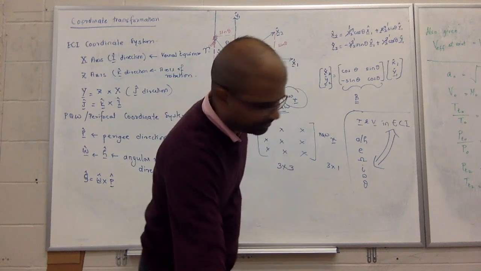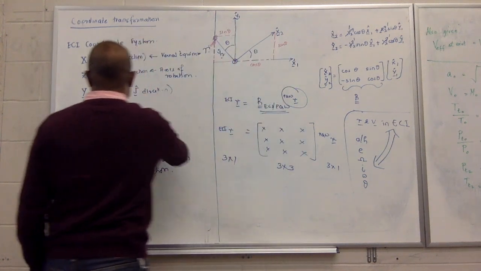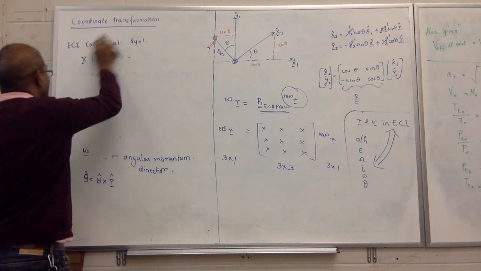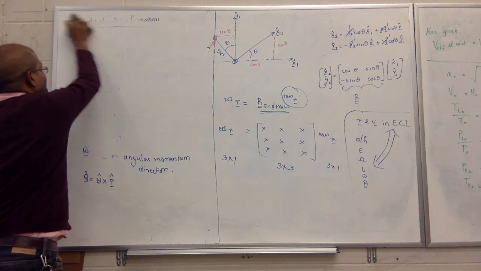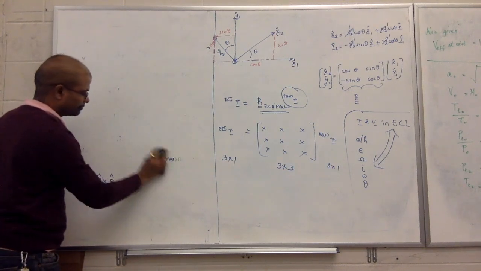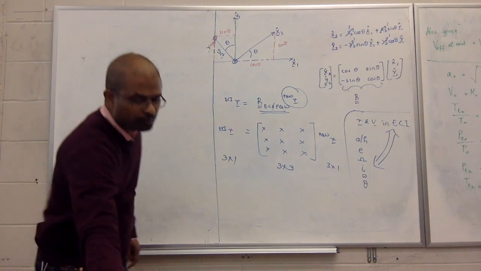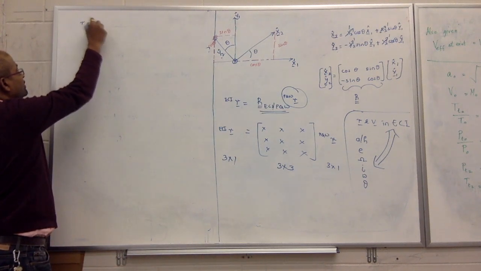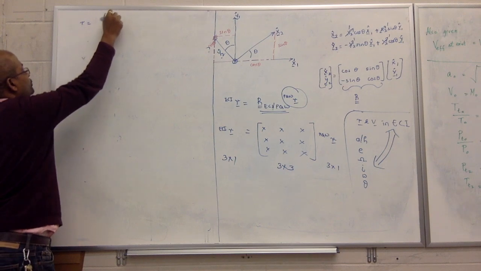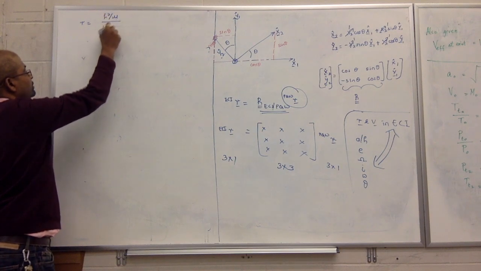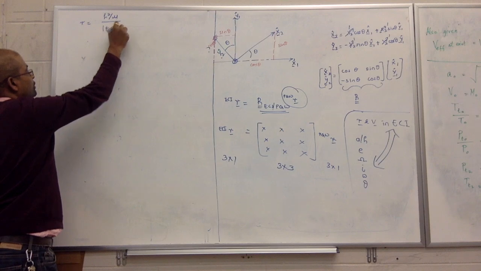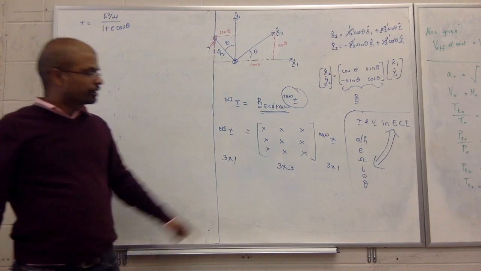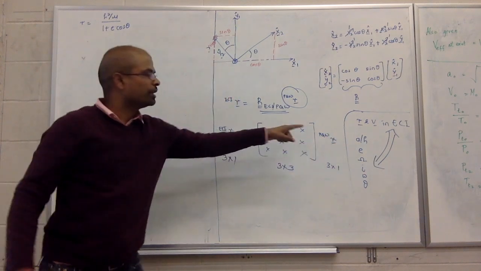I'll just do R for the sake of it, okay? What is R? What is R, guys? R is A square over mu over 1 plus E cosine theta. Right? If I give you all of this, can you calculate this R?